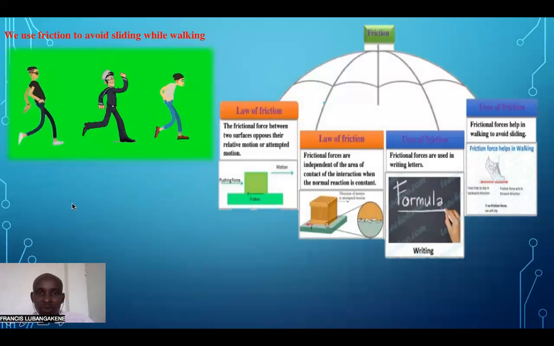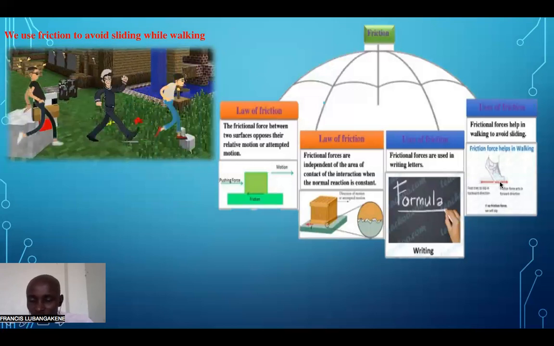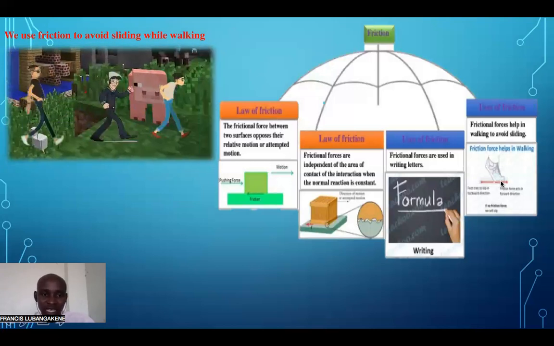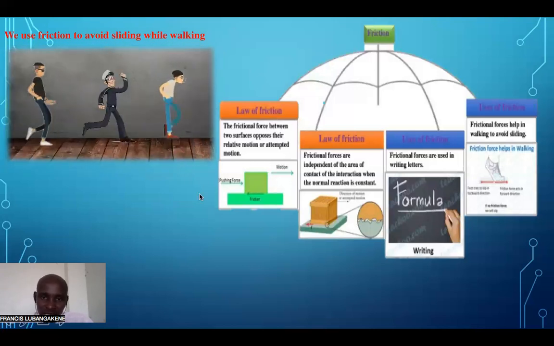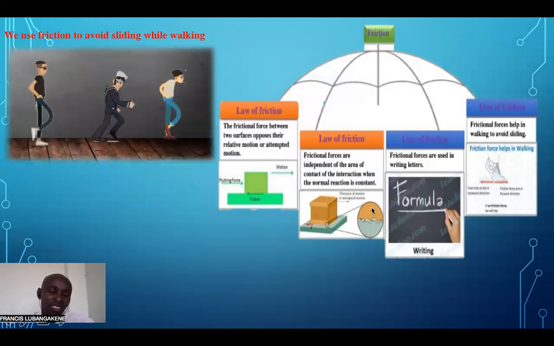The step you make would just slide back. Before you slide back, there is friction that holds you there, and you make another step. So I'm going to use this video and this umbrella of charts to give us a clear picture of what the law of friction states and how we use friction.